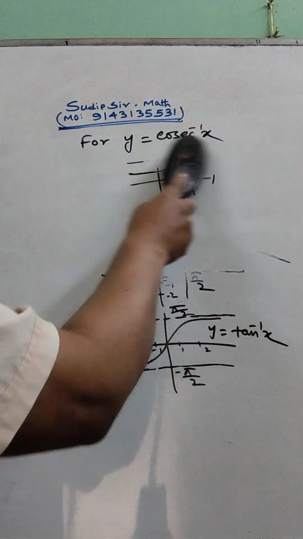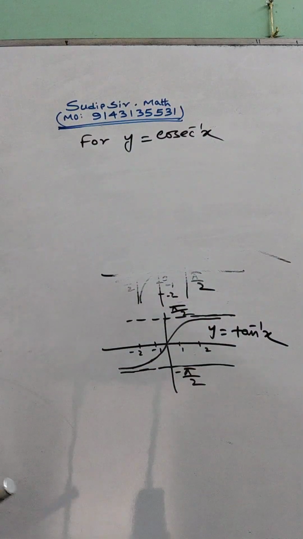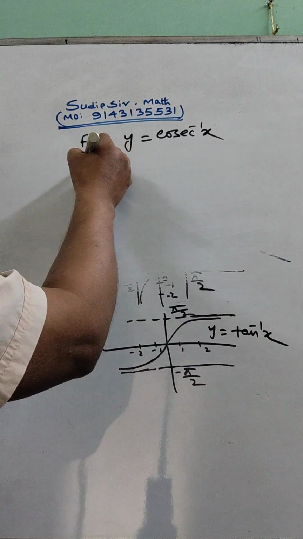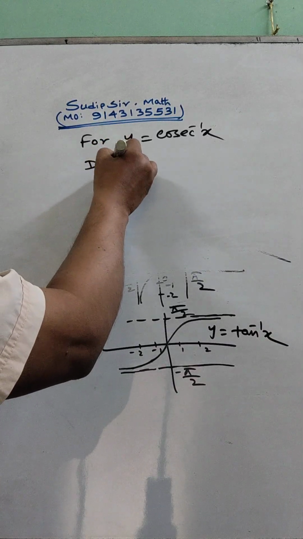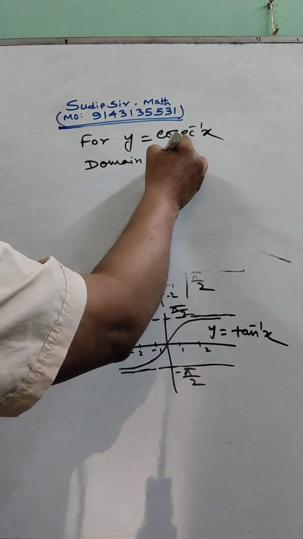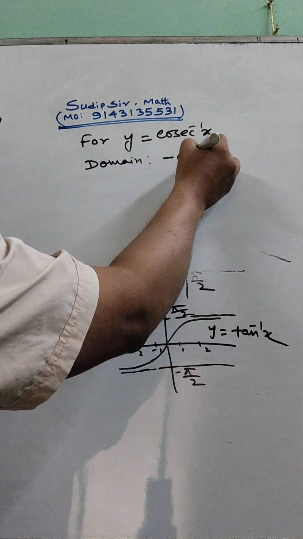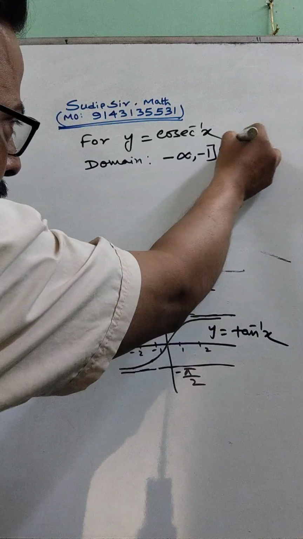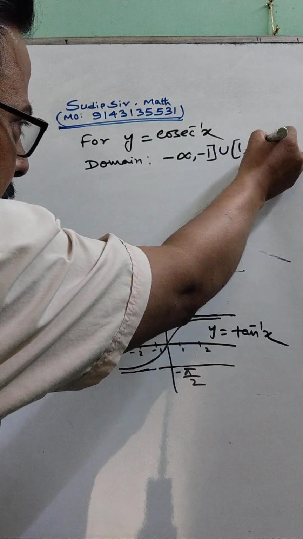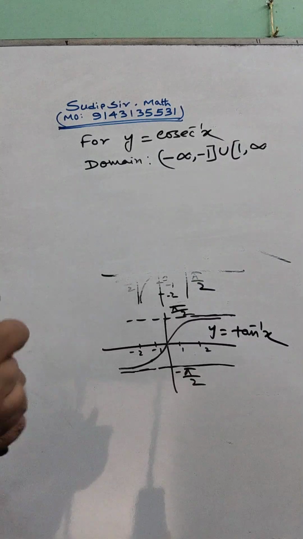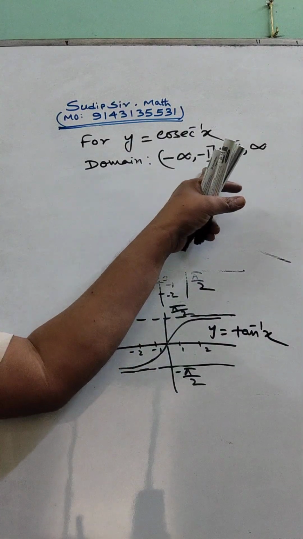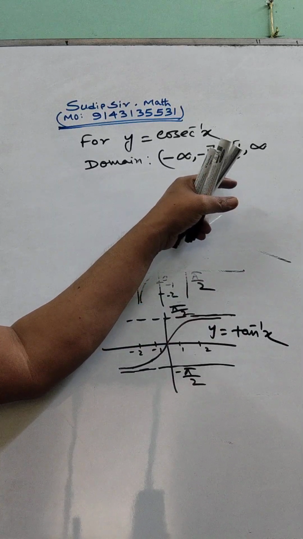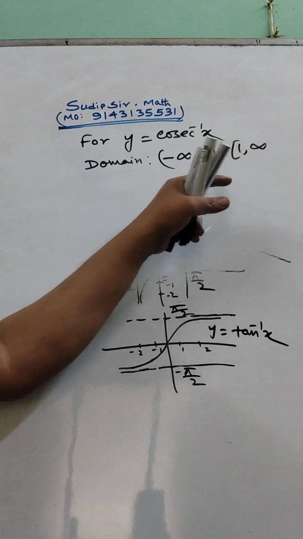I am showing the curve. Now for cosec inverse x, the domain will be minus infinity to minus 1 union 1 to infinity. Minus infinity to minus 1, and 1 to infinity is the domain.